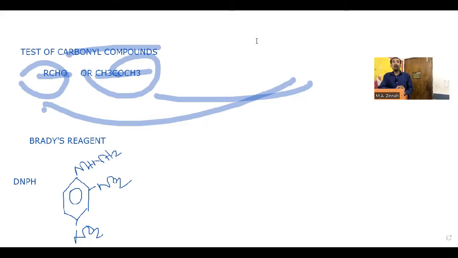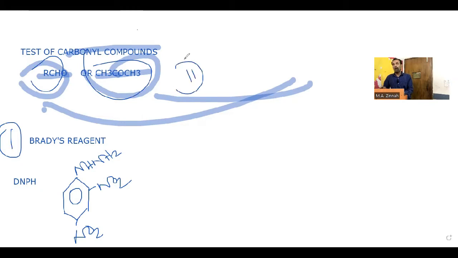This cannot be said, because both of them give the test, an orange precipitate with the reagent. So we can't tell aldehyde from ketone. This was a problem. We solved it: after we carry out this test and get this or this, we distinguish with another test.